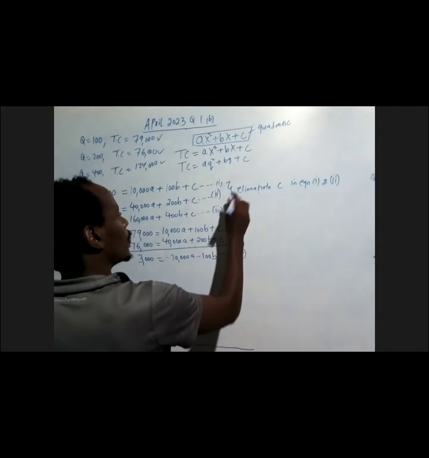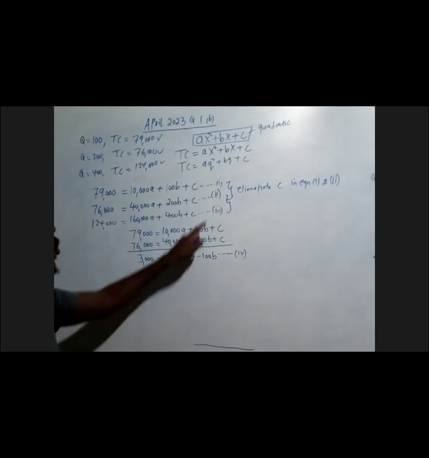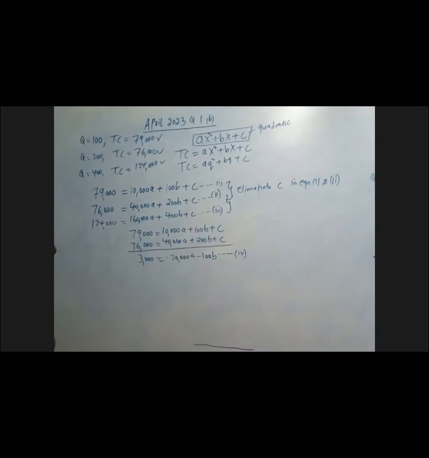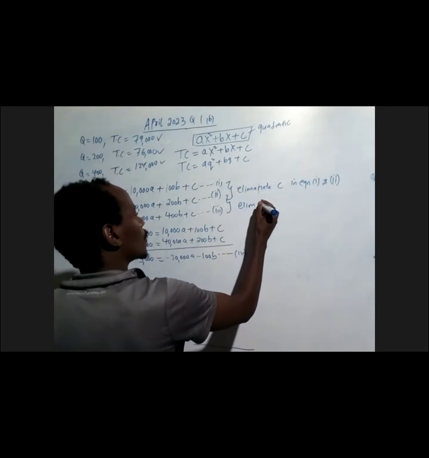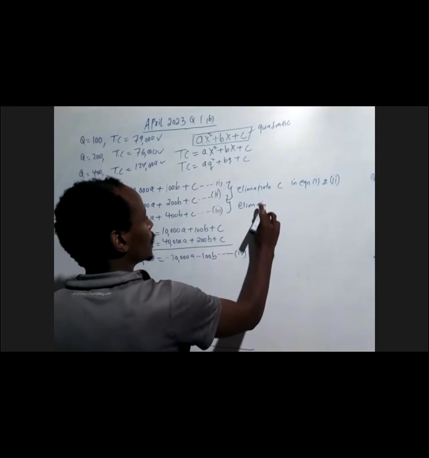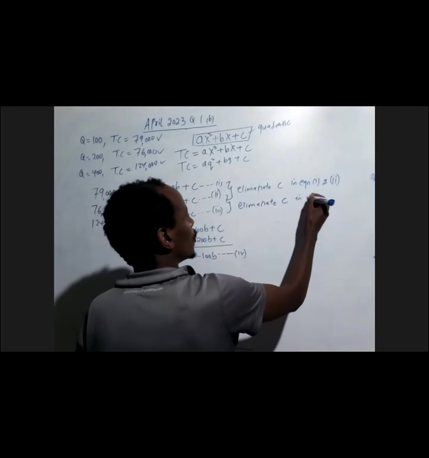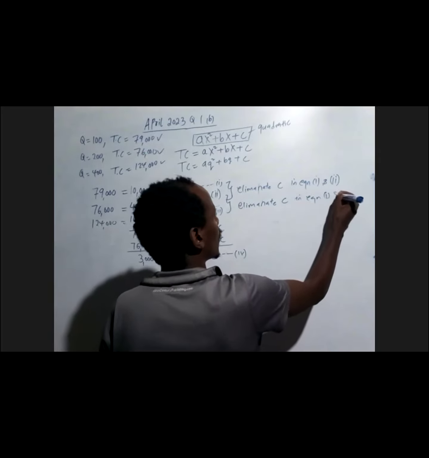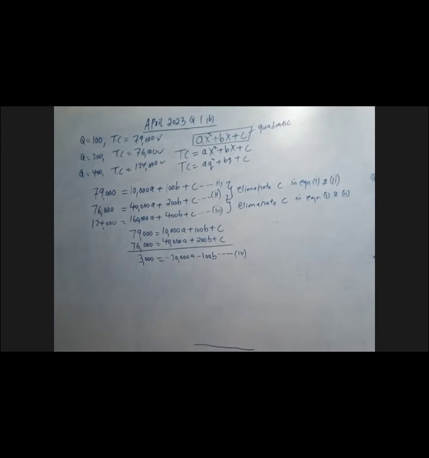So we do the same, but for now, we pick the next two equations, 2 and 3. How do you eliminate it? Let us write first, eliminate C in equation 1 and 2. Let us do that working somewhere here.